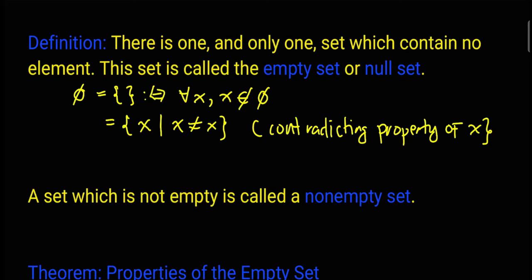All we need to do is to find or assume that an element X is actually in this set, and then find a contradiction, which would mean that this particular X to start with cannot be in that set. So that set must be empty. So again, remember that property of the empty set, which will be helpful later when we want to prove that a set is empty. On the other hand, a set which is not empty is called a non-empty set.